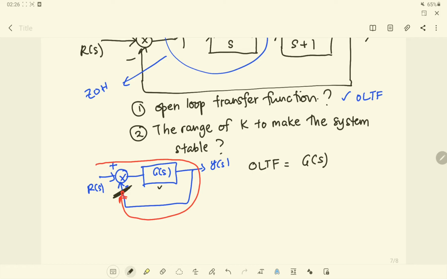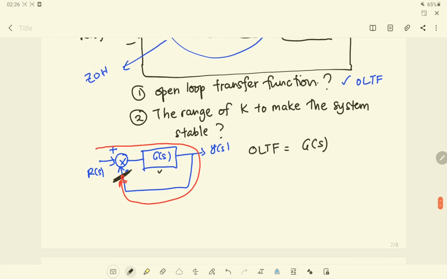Okay, another example. What if the system is something like this?